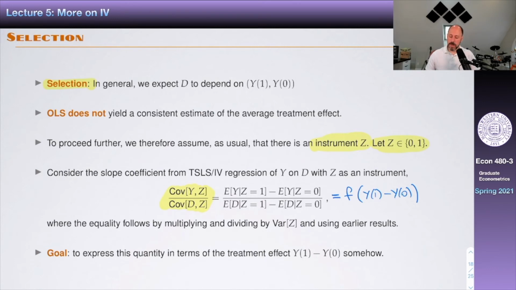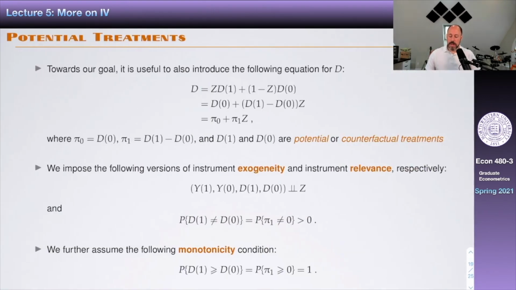And we're going to do so by working out the expressions of the numerator and the denominator separately. By manipulating these, we're going to be able to show that the IV estimate is actually a parameter that is a particular average of the treatment effects. So, to do so, we need to introduce a few assumptions and a little bit of additional notation.